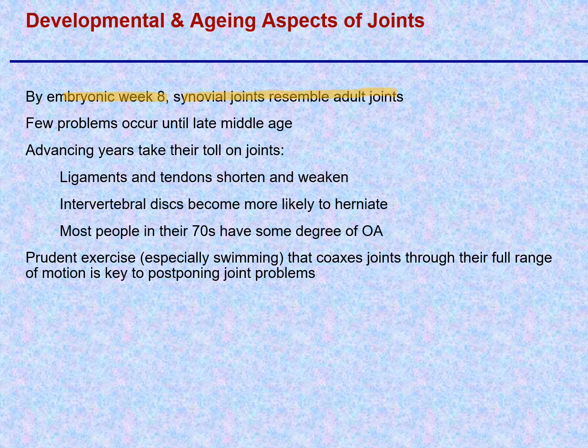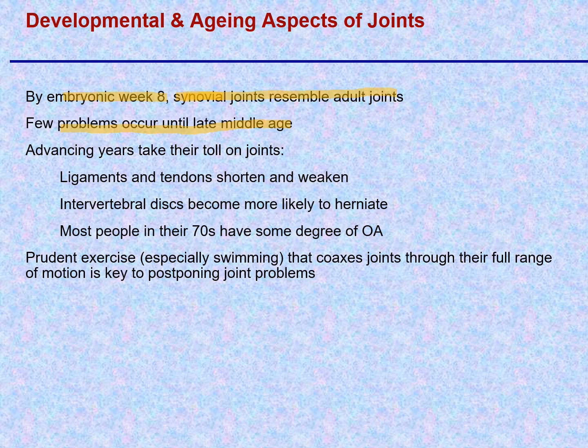By that time you already have synovial joints that have the different structures in them. Only after 8 weeks, barely 2 months of development. Normally, very few problems occur with joints until late middle age, and then advancing years are always typically associated with problems.